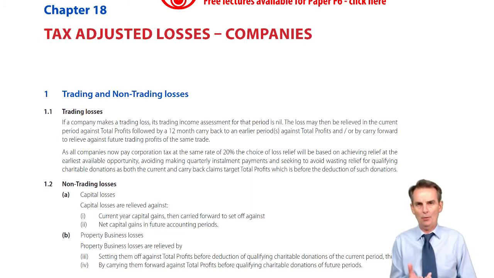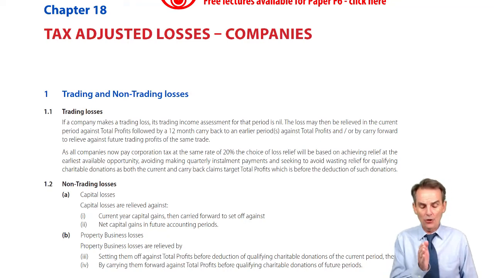But it's a particular problem with both the current year claim and, as we'll see in a moment, the carryback claim. So in the current accounting period against total profits, that is before the deduction of donations, if there's nothing for the donations to go against or insufficient profit to fully utilise those donations, then any excess donations will be wasted at this point in time.